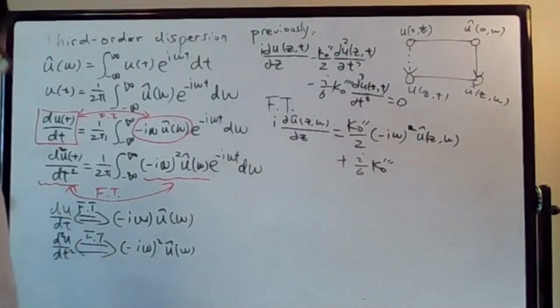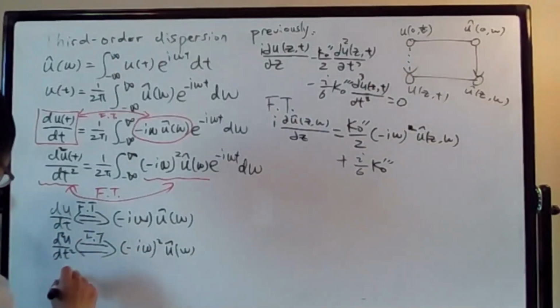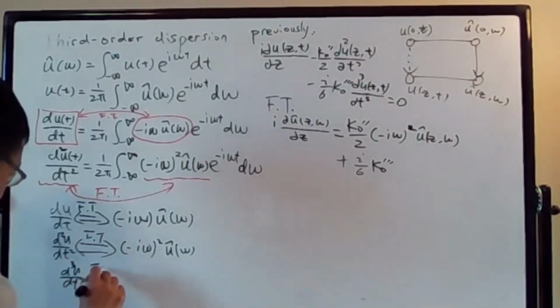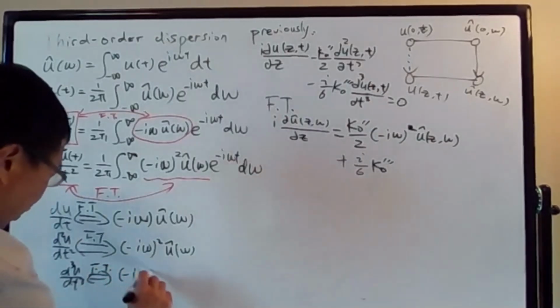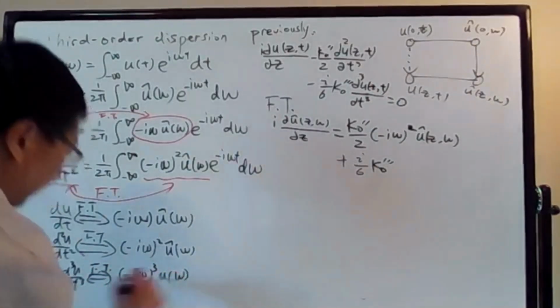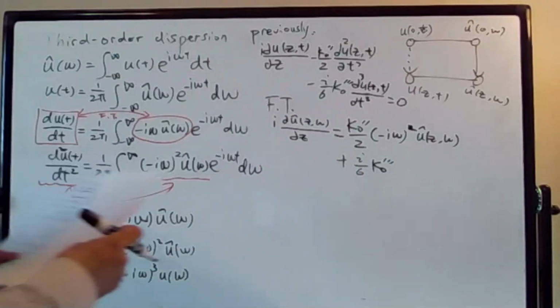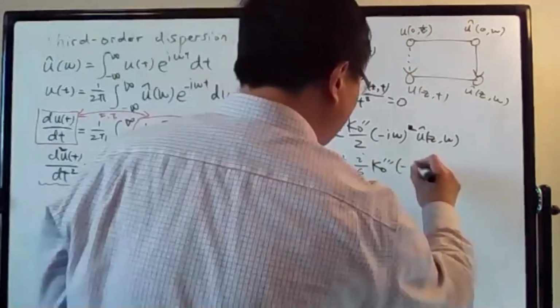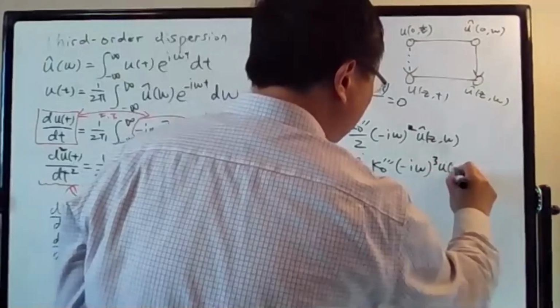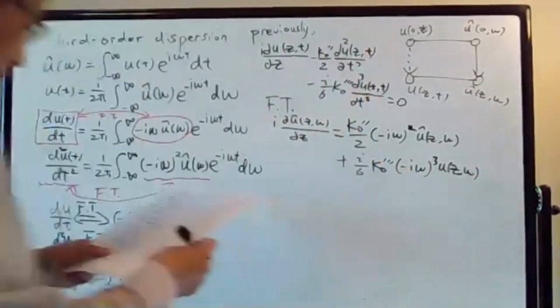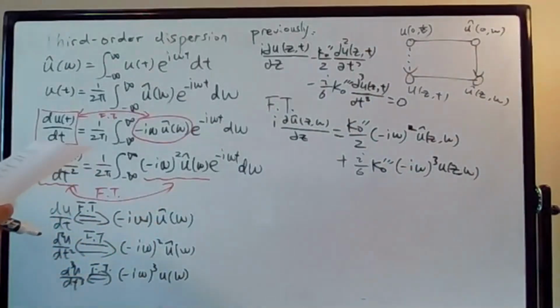So let's write the Fourier transform of d cubed u dt cubed: it's negative i omega cubed u tilde(omega). So we get the third order term: plus negative i omega cubed u tilde(z, omega).